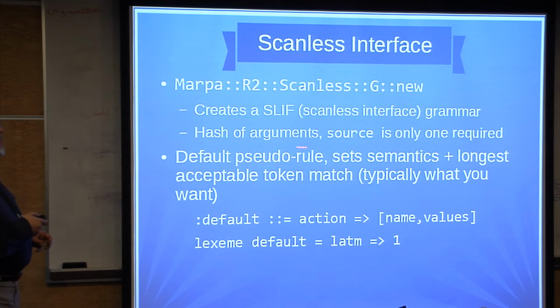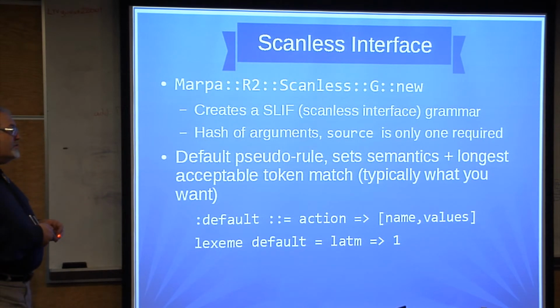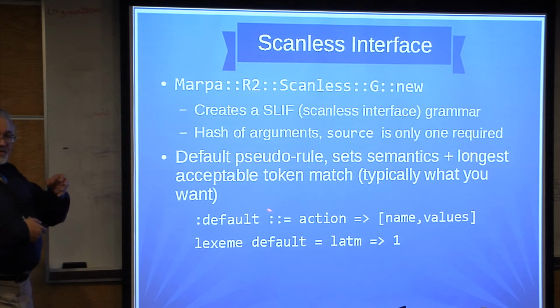Source is the only one that's required, but you can do other things, and you could specify a lot of kind of hooks. So there's a module that allows you to look at the progress of a parse. And there's also a module that uses GraphViz to pump out syntax trees of your grammar. And very beautiful charts if you want, with lots of boxes and arrows and everything.